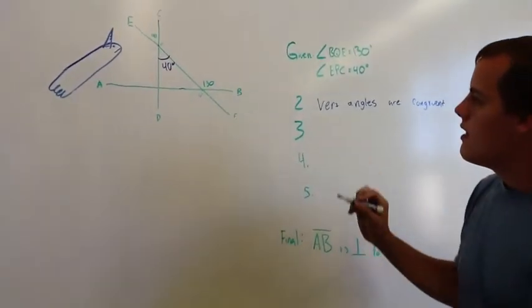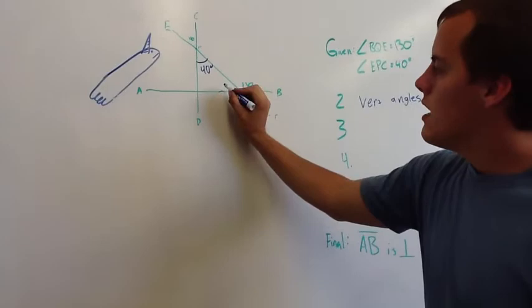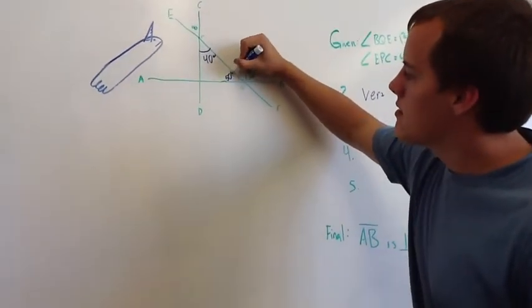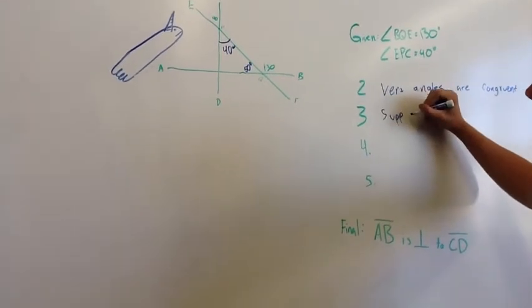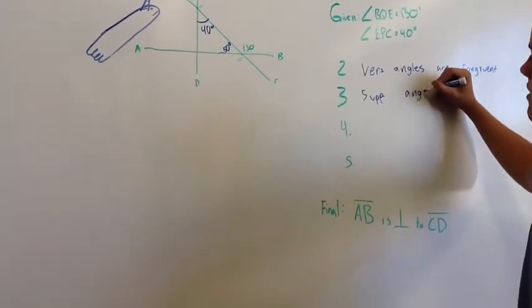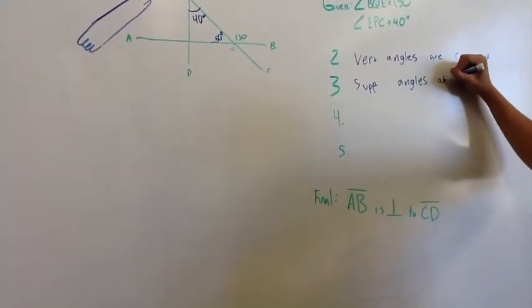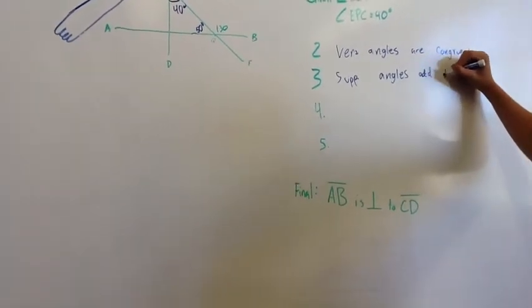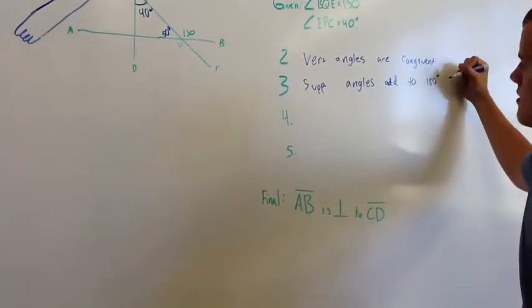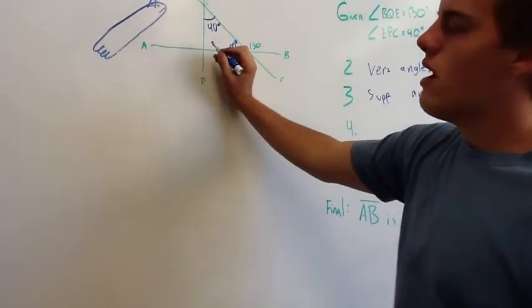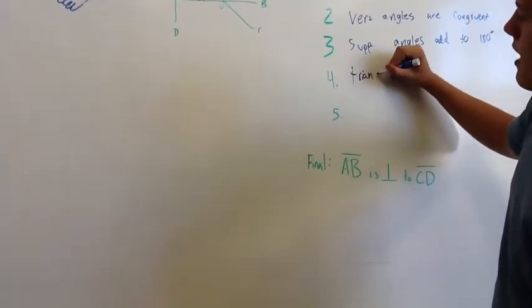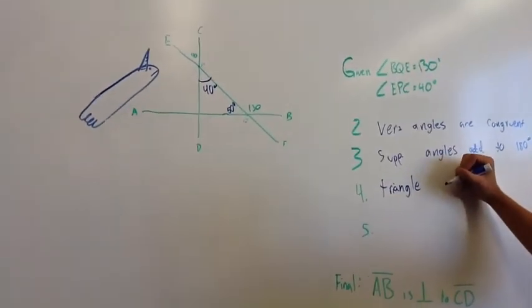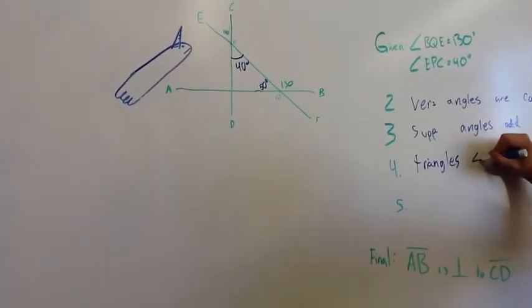Now we're going to go down to here. We can say that this is 50 degrees, because supplementary angles add up to 180 degrees. And now we know that the sum of all the angles in a triangle add up to 180 degrees.